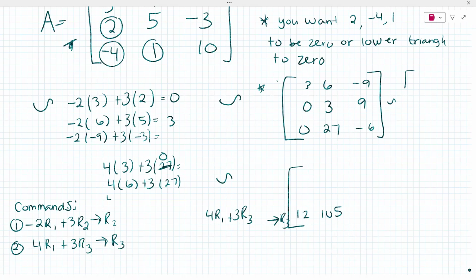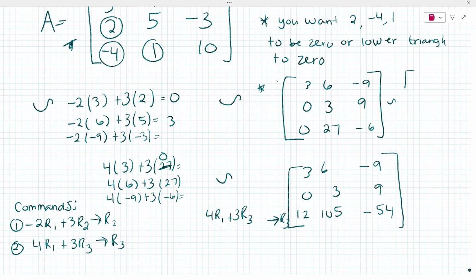And then 4 times row 1, plus 3 times row 3 is -6. Ooh, this is a big mess. Yeah, so this is 0, 3, 9, and then 3, 6, -9. I kind of did this already, so I know it's right.